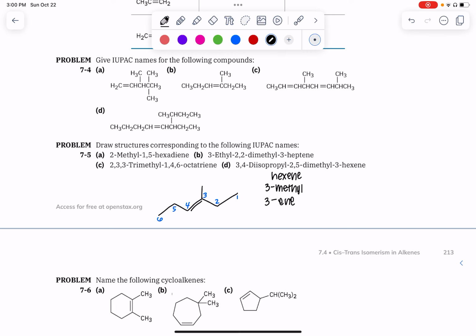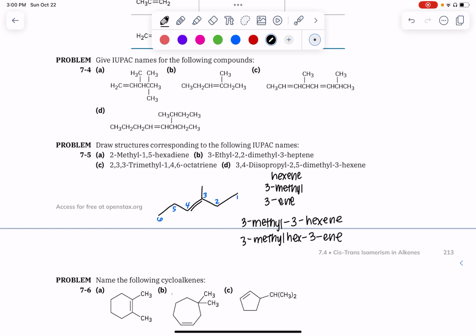So let's name this one. 3 methyl, dash, again, we can say 3 dash hexene. We could say 3 methyl hex, dash 3 ene would also be correct.